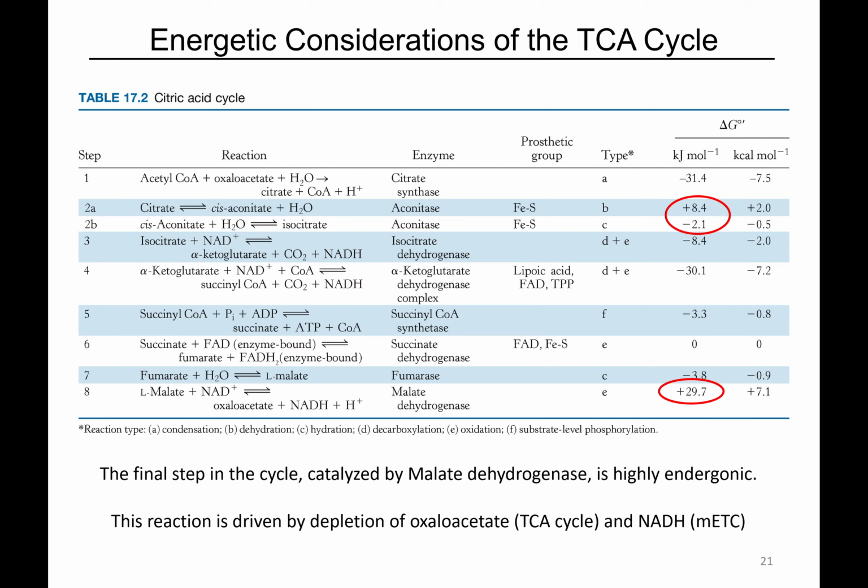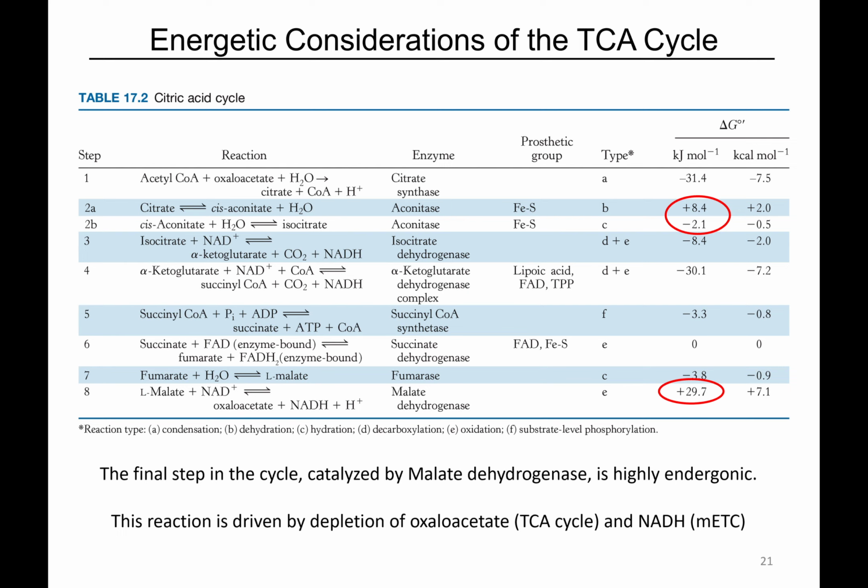Okay? So energetics, most of these steps are either at equilibrium or spontaneous under standard biological conditions. The 2 steps to really focus on here are the aconitase, isomerizing citrate to isocitrate, and then the last step, converting malate to oxaloacetate. Note here that both of these are endergonic, especially the malate dehydrogenase step.